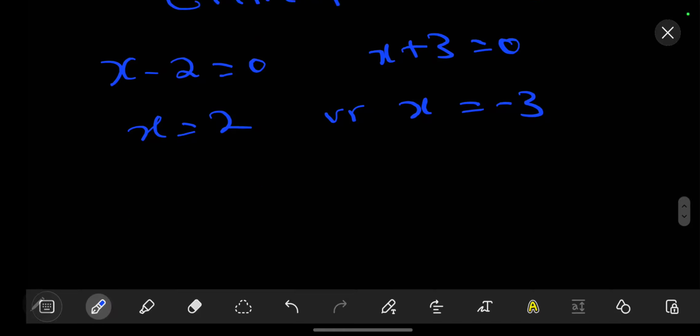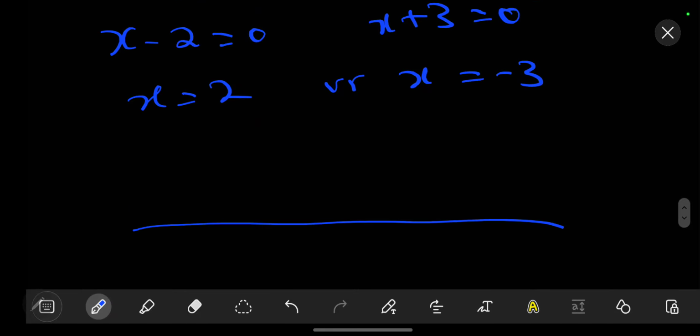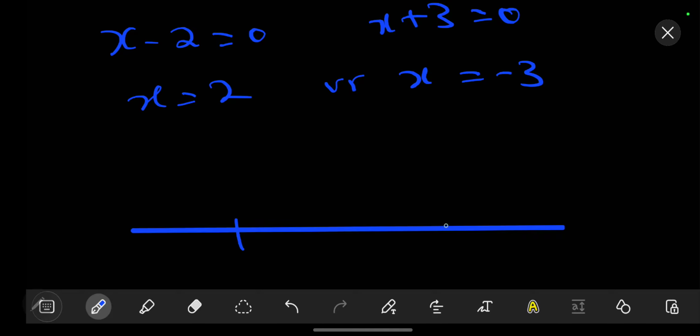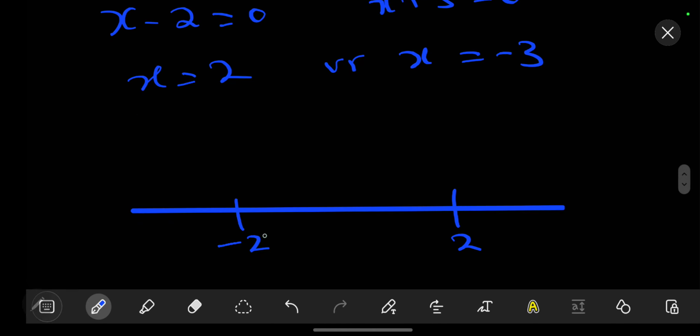Now, this being an inequality, we are going to draw something like this. You have a negative 3 here, then you have a positive 2 here. Then we are going to use the same approach.